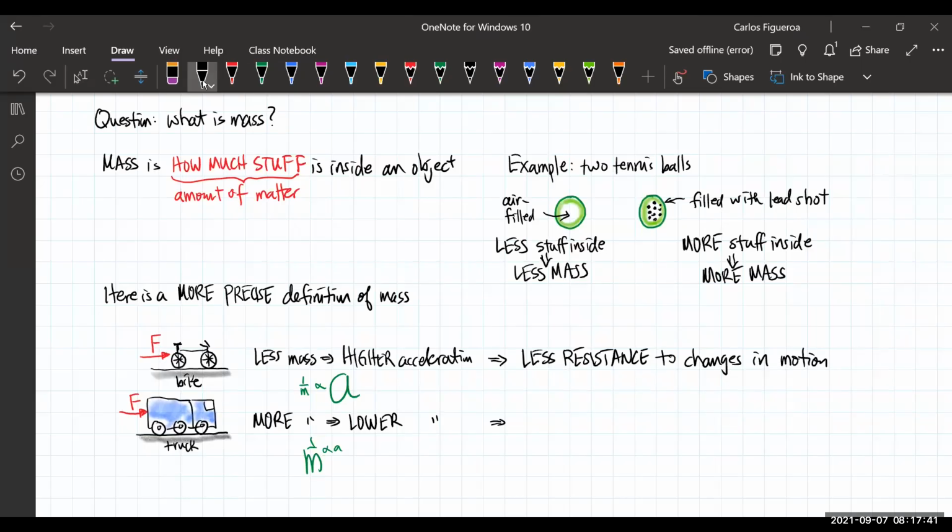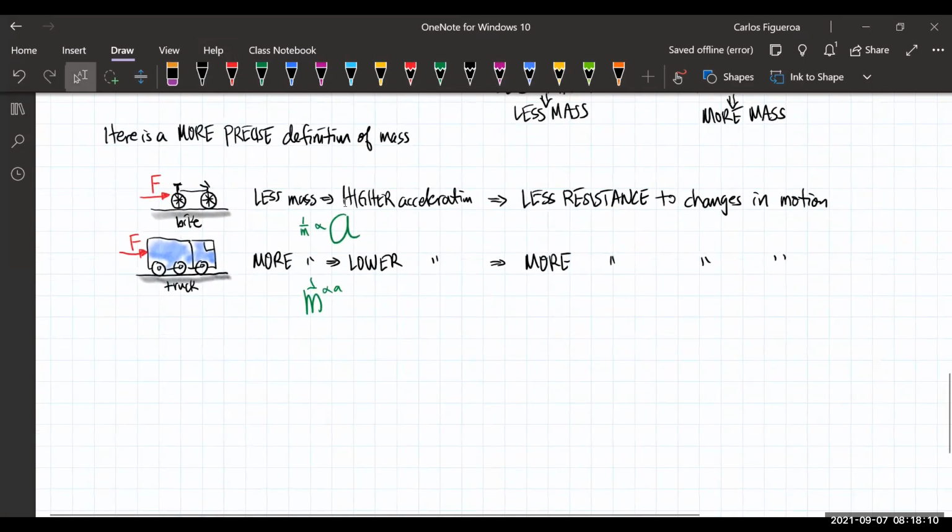If you find that it's really easy to accelerate, then we say that it has less resistance. Therefore, its mass is lower. On the other hand, if it has more resistance to change its state of motion, then we say here that it's harder to accelerate, and that's because the mass is bigger.